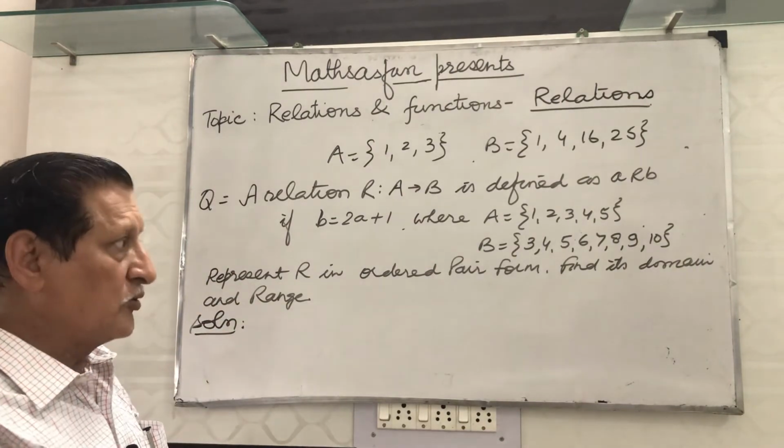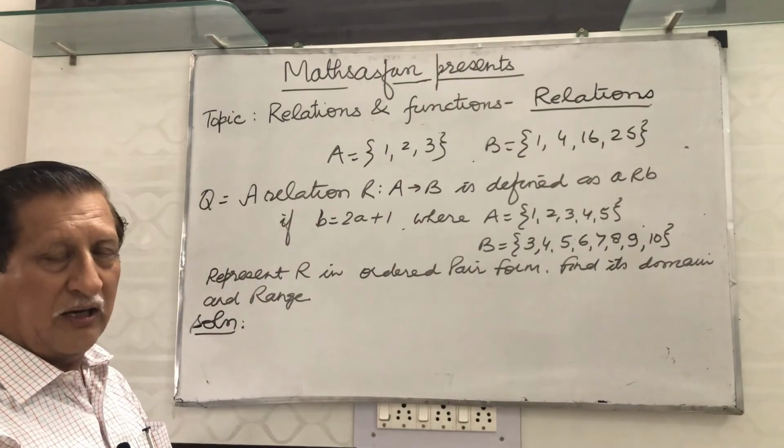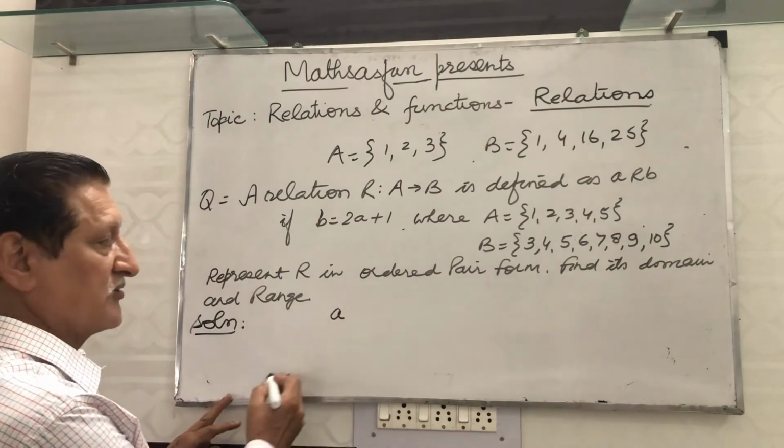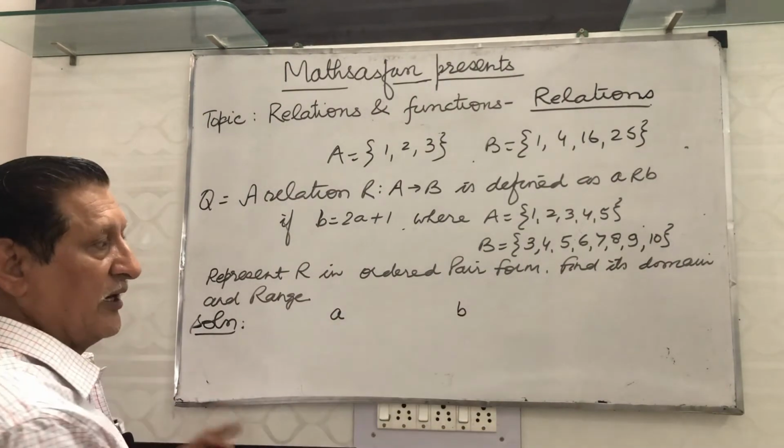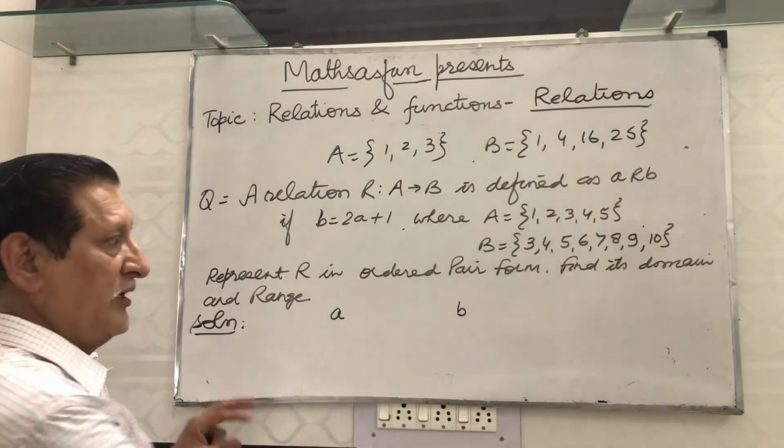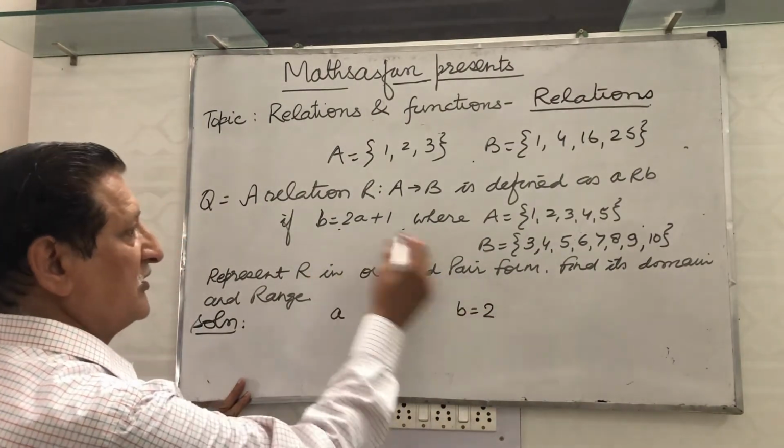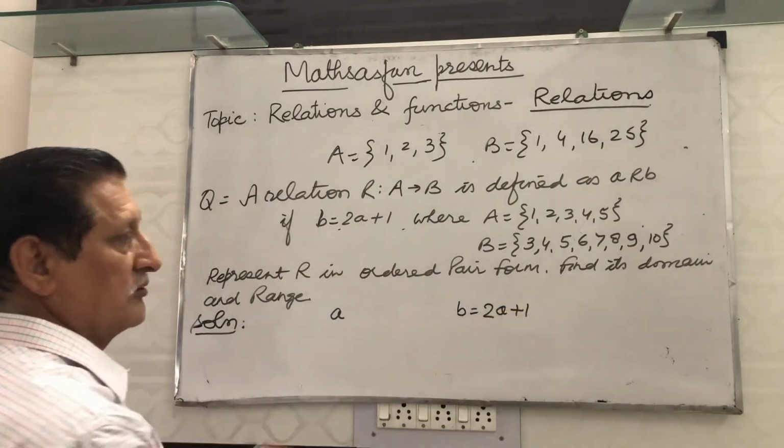See, as I told you, if you remember, we can take a as the elements of set A and b the elements coming from set B, but they will be taken as per the condition, that is 2a plus 1.